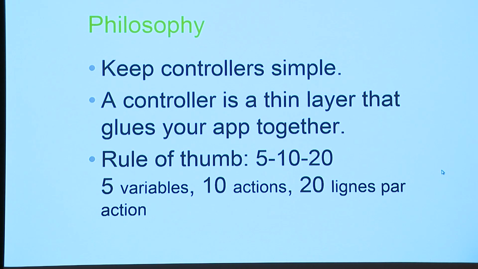Yes, 5 variables, 10 actions, 20 lines per action. Don't go over this. Okay? So that's obvious, but it's very, very easy to make an action grow, and do business logic instead. So try to refactor and to make your controllers just wiring.